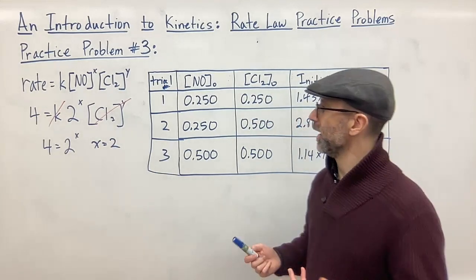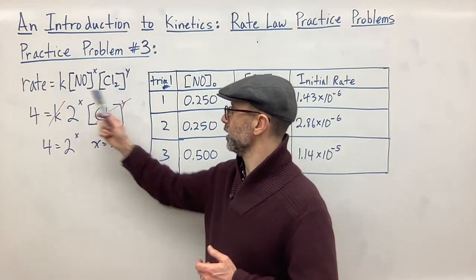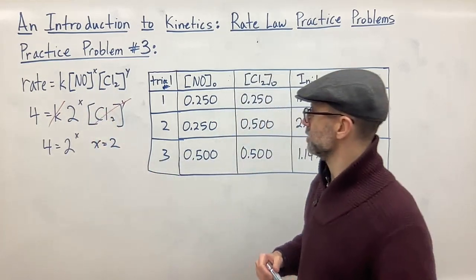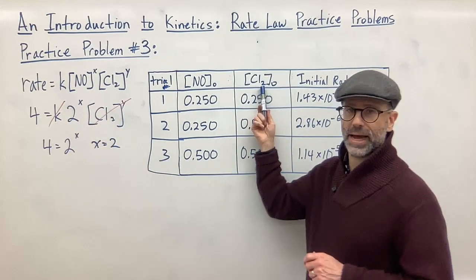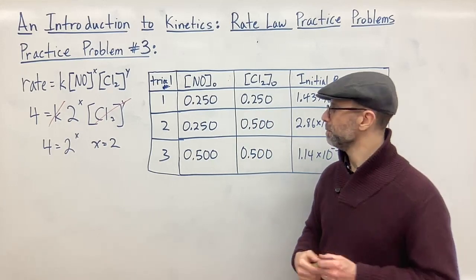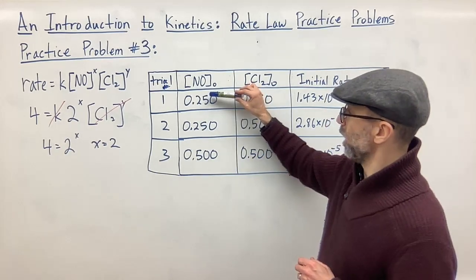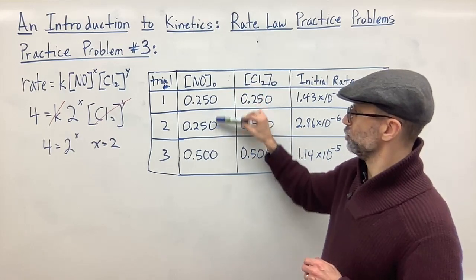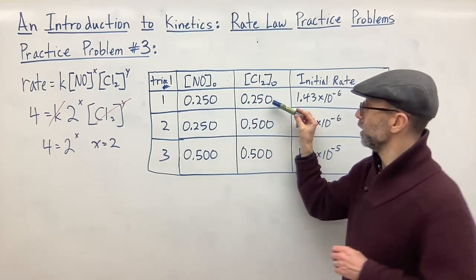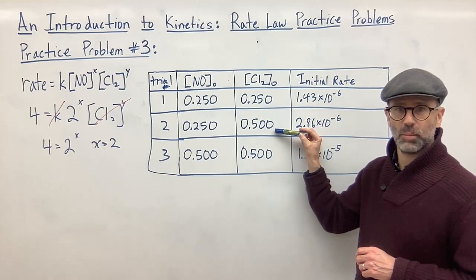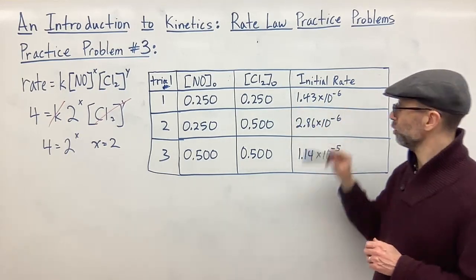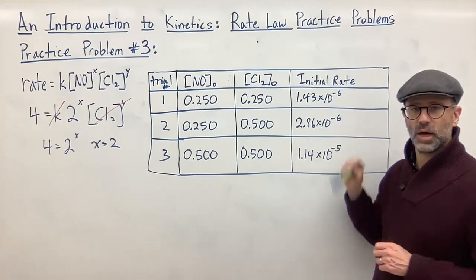Now let's go ahead and do the same thing for chlorine. So we want NO concentration to stay the same, and we want to look at the change in chlorine. So here for trials 1 and 2, the initial NO concentration stays the same, but notice that chlorine doubles. What happens to the initial rate when chlorine doubles? It also doubles.